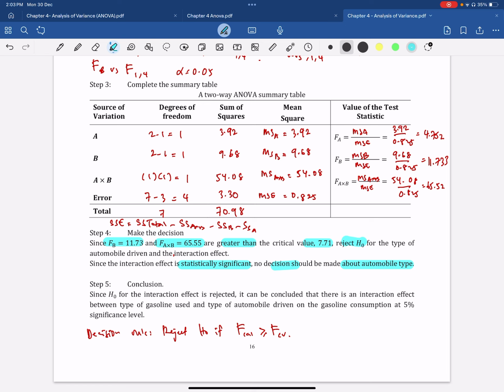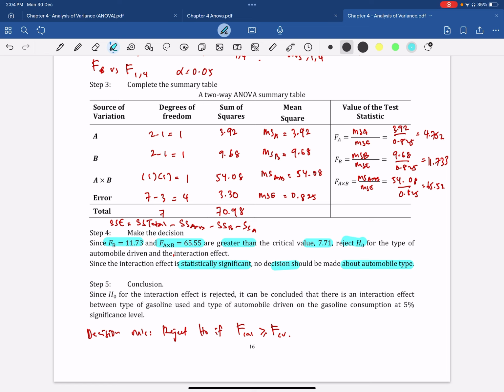You should not proceed with the automobile type, because there is no decision, even though if you compare with the null hypothesis, it seems that FA is not rejecting the null hypothesis.